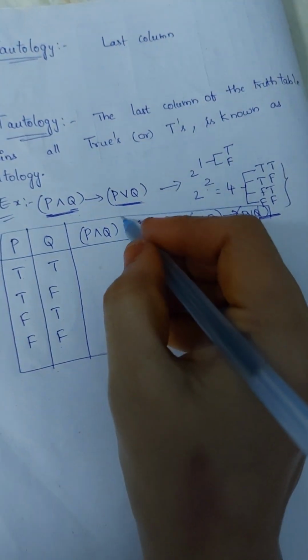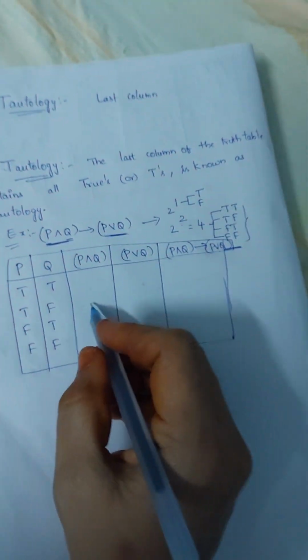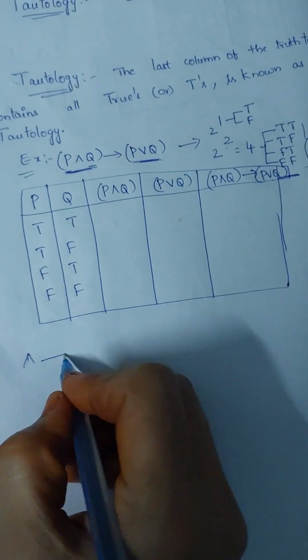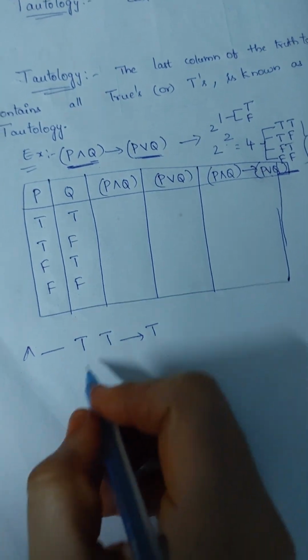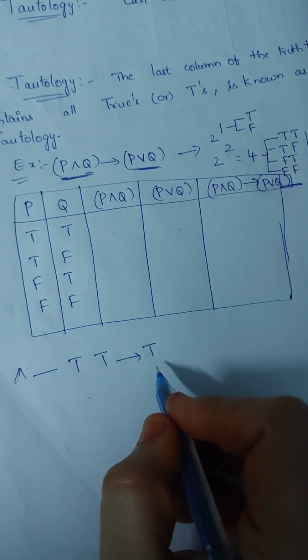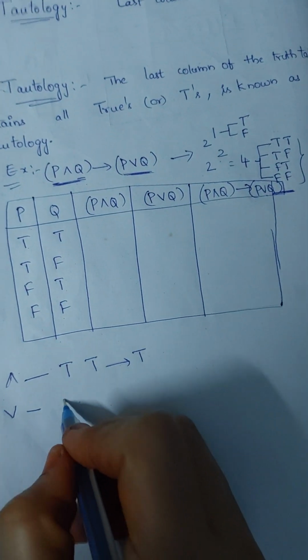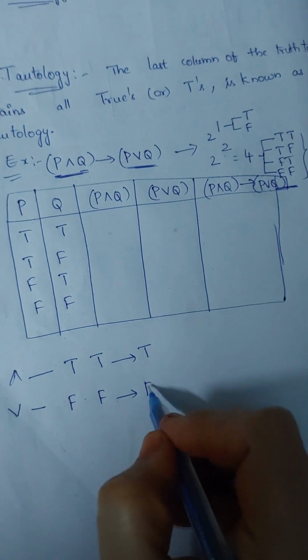So find out P and Q. P and Q is a connective between two statements. If both values are true, the resultant is true. In a similar way, for or, if both values are false, P is false and Q is false, the resultant is false.